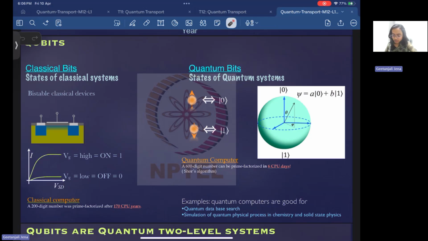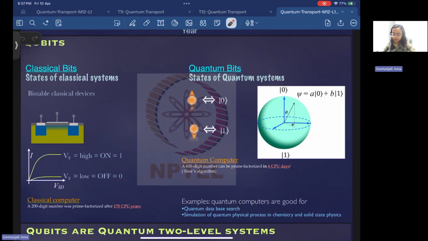In contrast to these classical bits, we have quantum bits, or in short, qubits. For this case, we use a quantum mechanical system to store or get information about the system.